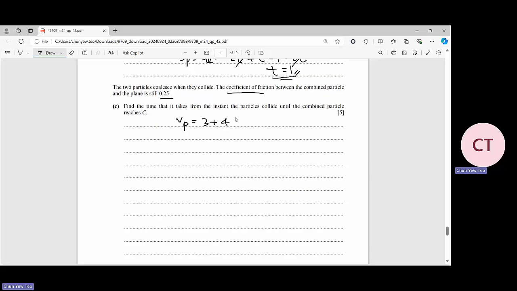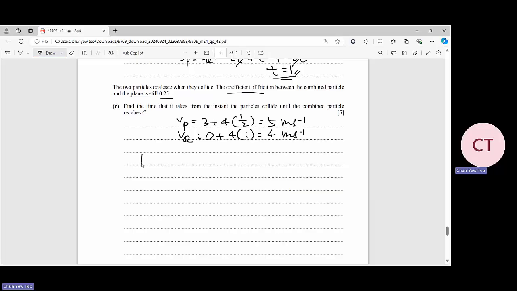Before collision, the acceleration is 4, and the time it takes is t minus a half, so it's a half second only. Then you get 5 meters per second. Then for Q, the beginning is 0, then with the acceleration of 4 and time of 1, you get 4 meters per second. Those are the speeds before they collide.